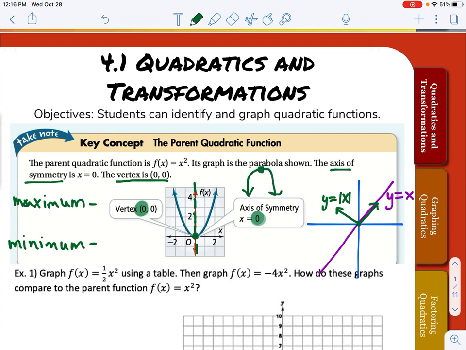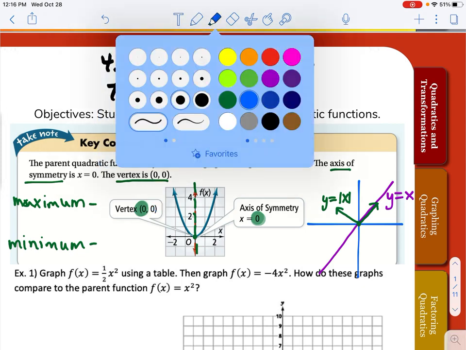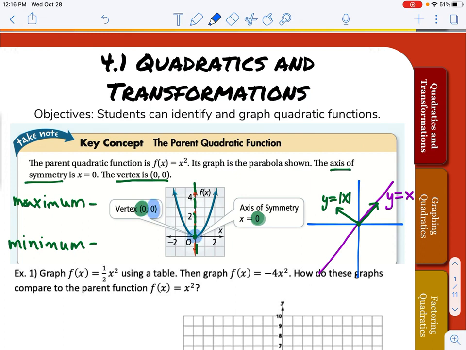This graph has a minimum because it is the lowest point. So our minimum of this specific graph is the y value of our vertex. So this graph has a minimum of 0. Okay, those are just good things to know and will be on your Math Excels.